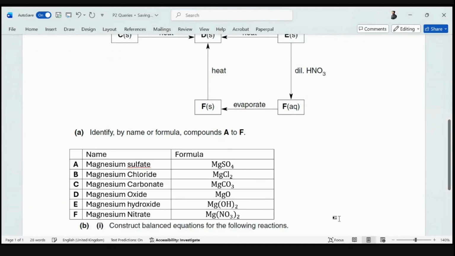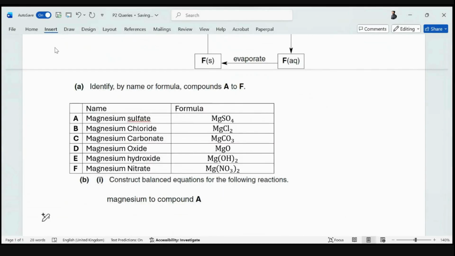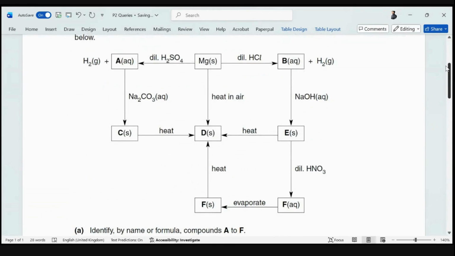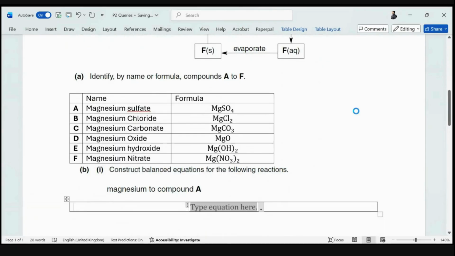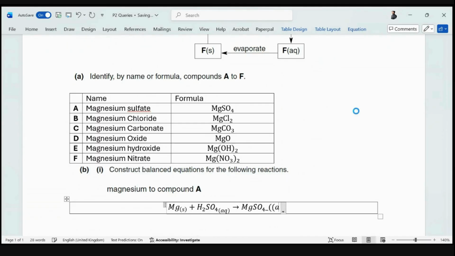Yes. Now it wants us to construct balanced equations for the following. Magnesium to compound A. How do we get magnesium to compound A? A was what? Magnesium sulfate. So we can make the balanced equation: Mg solid plus H2SO4 gives us MgSO4.